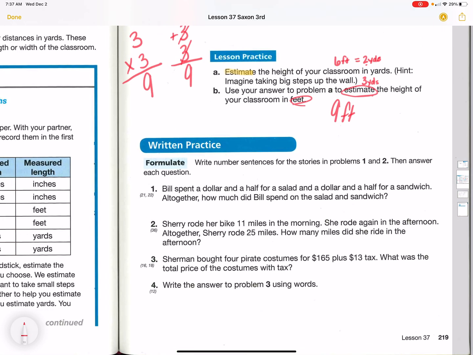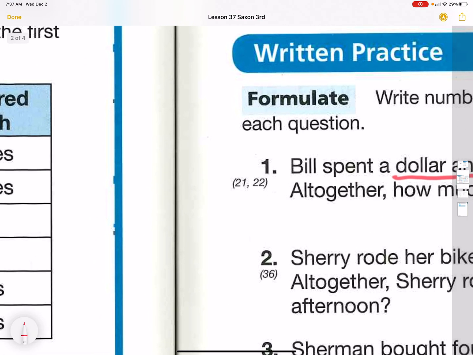You guys had some problems with 1 through 4 yesterday. Let's just go ahead and do those. Bill spent $1.50 for a salad. So they didn't really give us numbers, but we know what that is. And $1.50 for a sandwich. Altogether, how much did Bill spend? So on your paper, it should say $1.50 and $1.50.